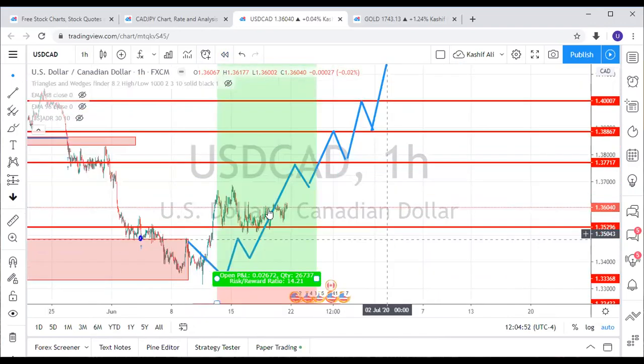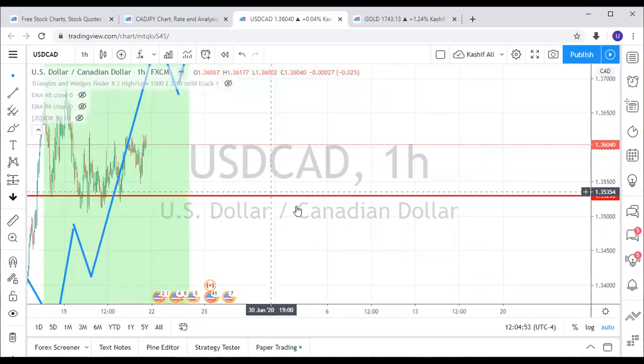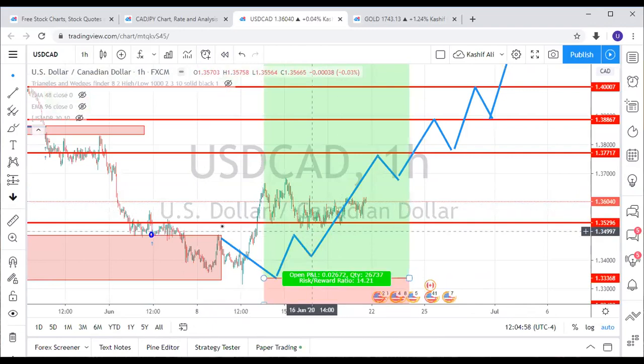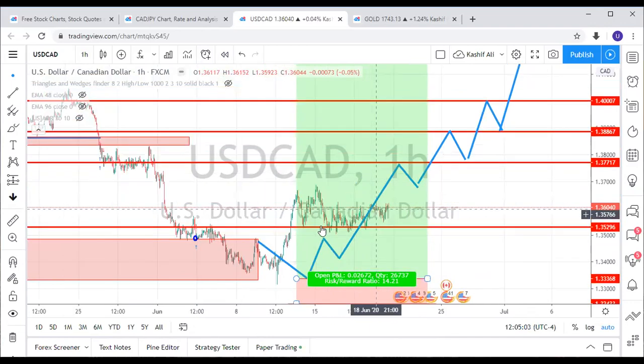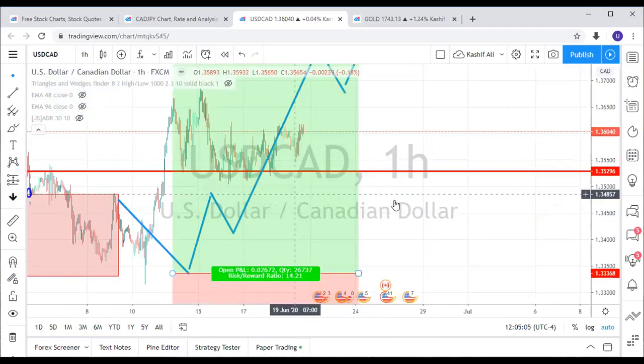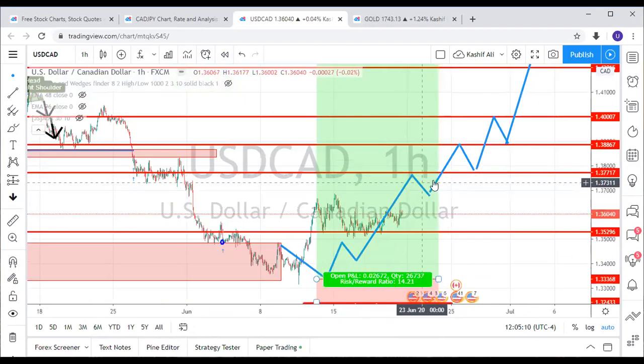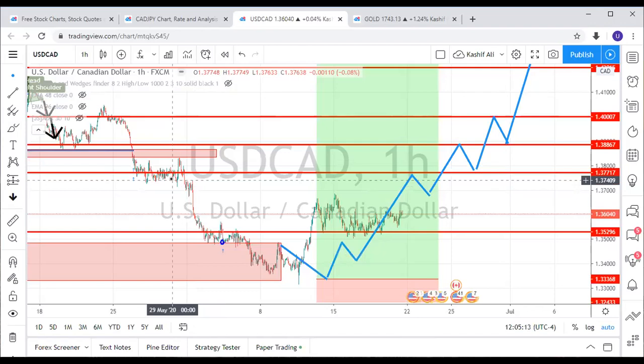Right now the price is at this level, and this is the key demand zone. From here the market is rejecting and is not allowing price to go down. So from this level you can buy, and then you can buy until this level. You see that there is consolidation on the left side of the structure.